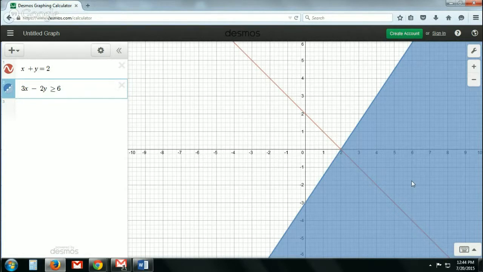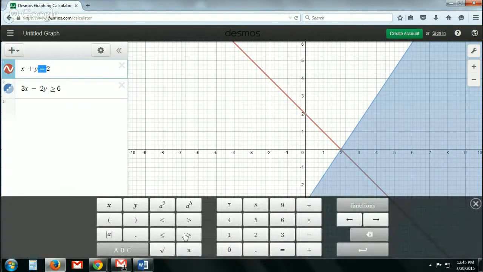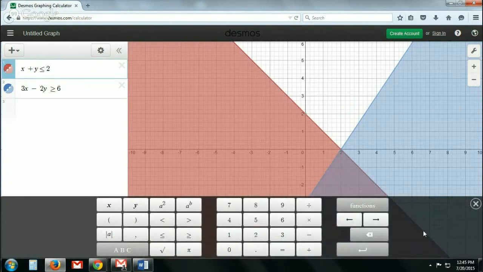Now I'm looking for where these things overlap. For the second inequality, we've got this part being shaded. And remember, for the other inequality, it was below the line here that we wanted to shade. You can already tell the part that's overlapping is going to be the part that's here. But let's change this again to being an inequality so that we can see what our solution should look like.